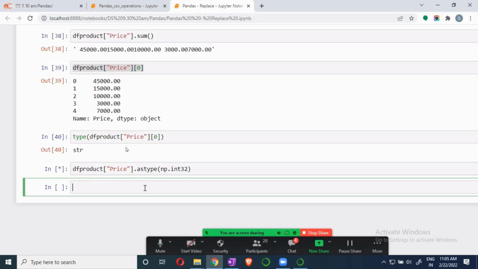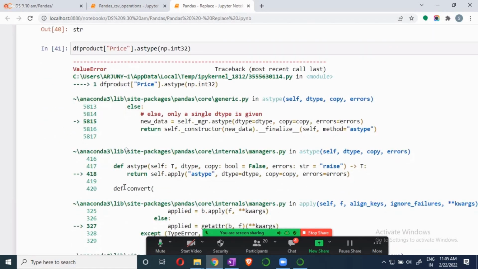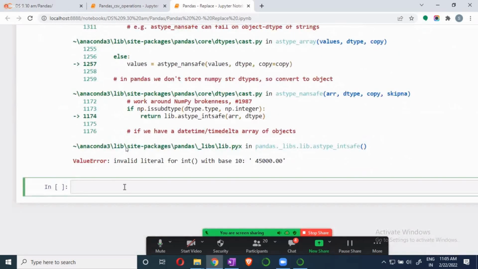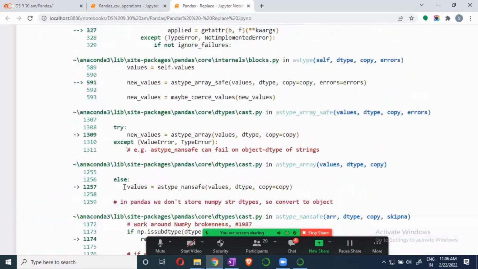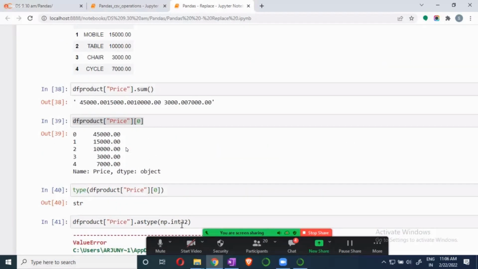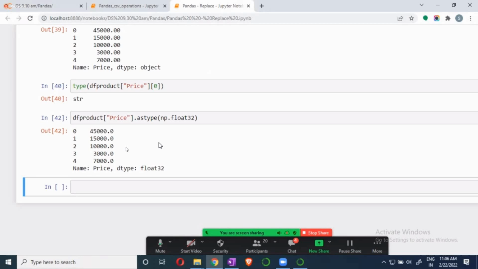Now this will convert it. What happened? np is not defined. Float, I will do float. Float32. Why was there a problem? The dot was there. Dot cannot be converted into integer. So that's what happened.